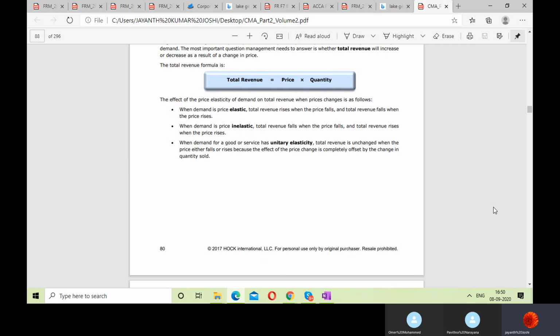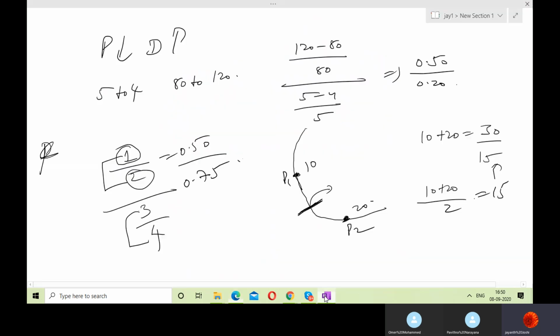When the price falls, a small change in price leads to a very big change in demand. Suppose the price falls from 5 to 4, and demand increases from 80 to a very big extent.